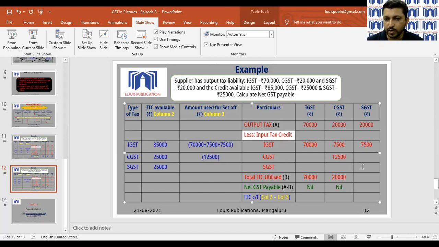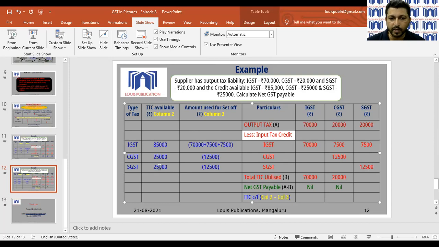Let's look at SGST now. SGST liability was 20,000 rupees. 7,500 IGST credit has been utilized to settle. So we need a further 12,500 rupees only for SGST liability. And this can be brought from this particular number, 25,000, which is available.